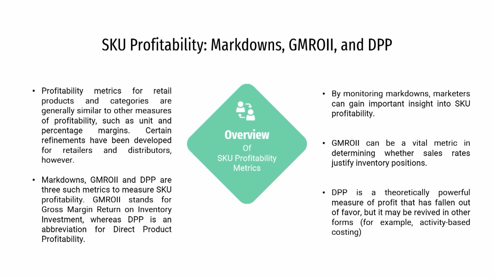Then it comes to the DPP. It is theoretically a powerful measure of profit that has fallen out of favor because of its complexity. Theoretically it is easy to calculate, but in practice attribution becomes a problem. However, this metric can be revived in other forms such as activity based costing.